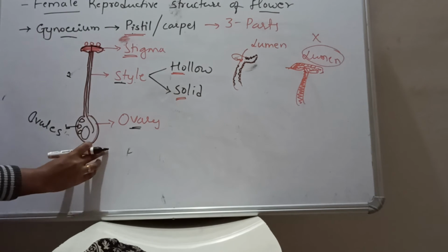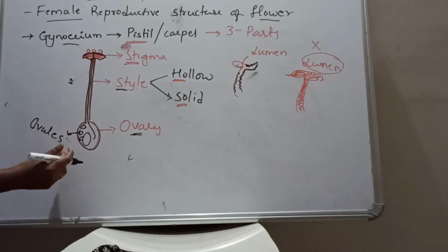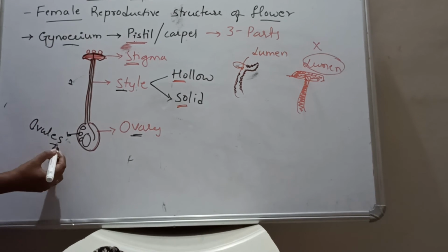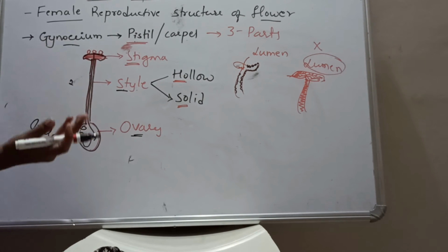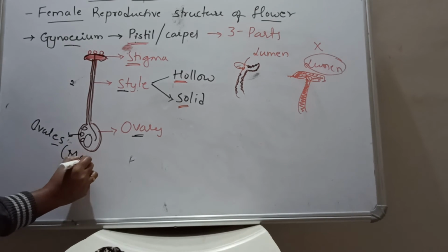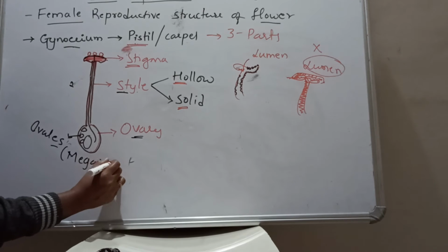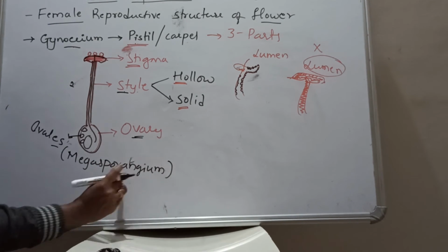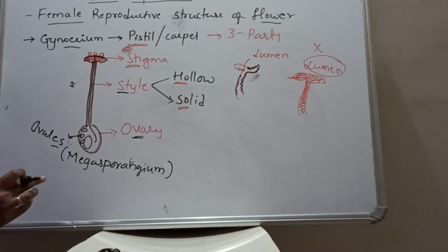The ovary has many ovules. In some plants it has a single ovule, in some plants many ovules. The ovules are nothing but megasporangium. Ovules are also called megasporangium.